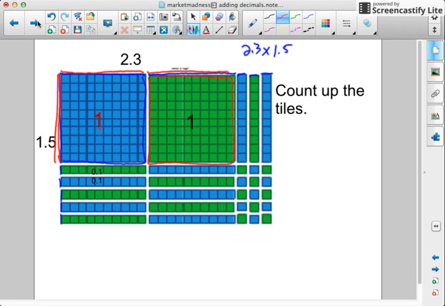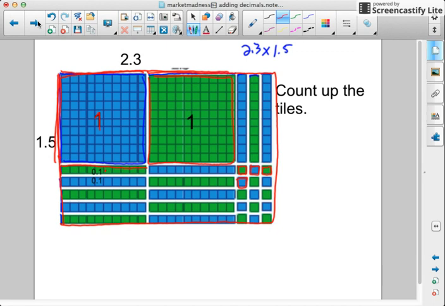So I have 2 wholes. Then the smaller ones, I have this length, but only this width, so I'm going to end up getting tenths for these. And finally, with these little ones, the same width and length, they end up being the hundredths. Now all we have to do is add up all the tiles that finish this perfect rectangle, and I would get my solution.